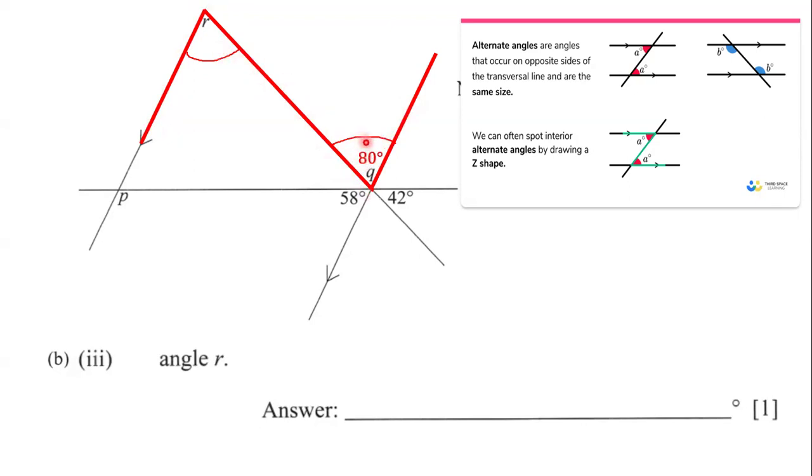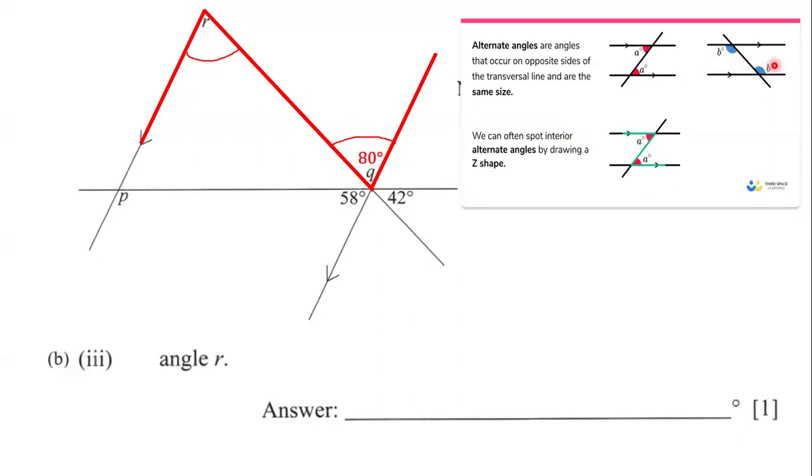What do we know about alternate angles? Well, alternate angles are equal in measure. Here, this angle and this angle are alternate, and because of that, they have the same letter and the same measurement. Angle A and angle A measure the same, and angle B and angle B have the same size.